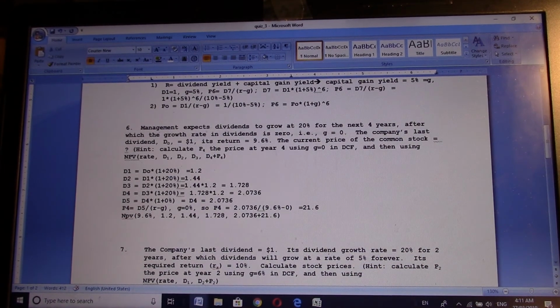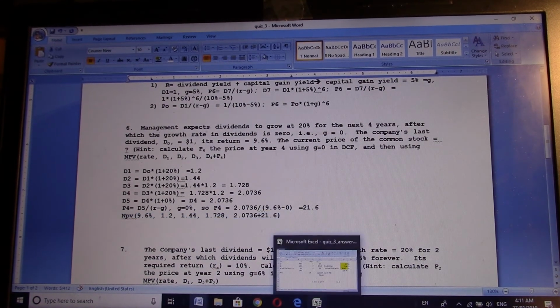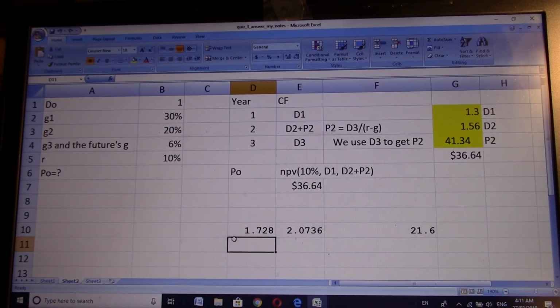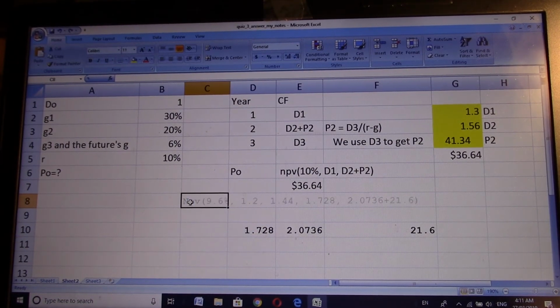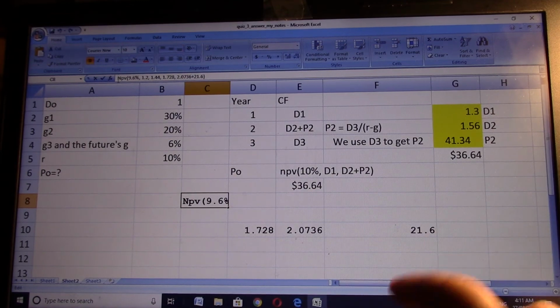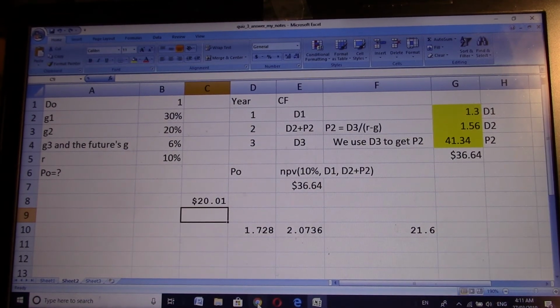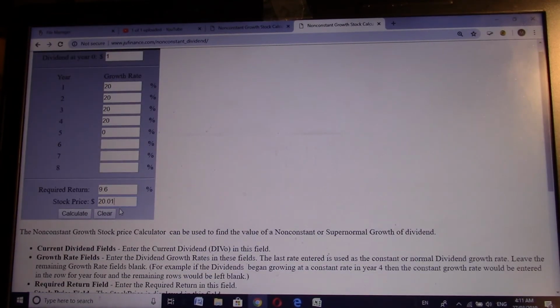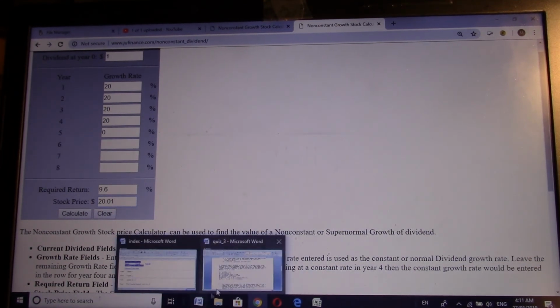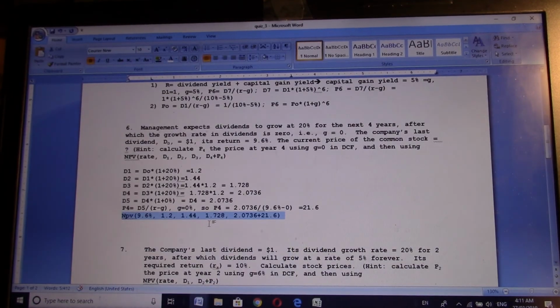So this should be our answer. Let's see if we got the same result or not. 21.01. It's exactly the result shown by the calculator. So you can trust the calculator, or you can just do this calculation.